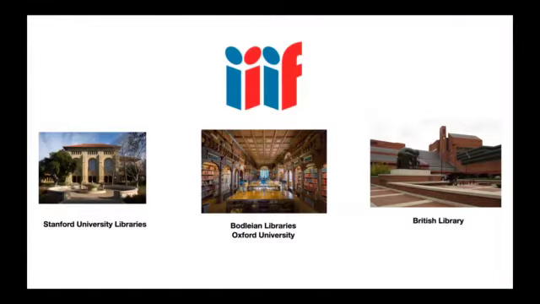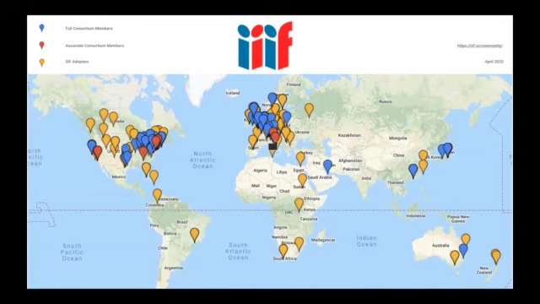To combat this issue, experts from Stanford University Libraries, the Bodleian Libraries at Oxford, and the British Library got together, and they designed an image presentation standard that could be used widely across the web. This turned into the Image Interoperability Framework Consortium, which oversees the development of the framework.